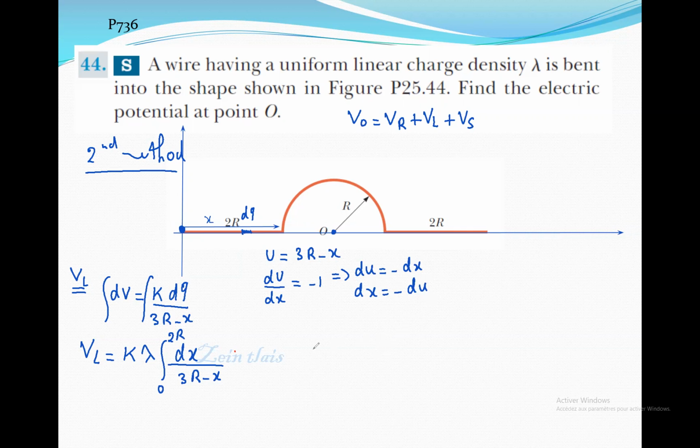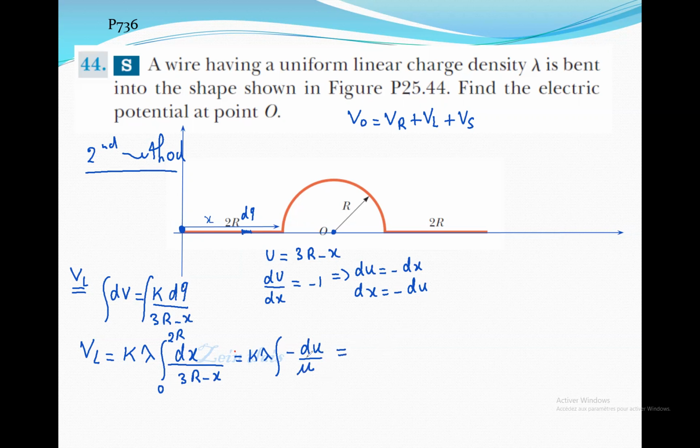So here we have k lambda, and we have to change the limit. dx equals minus du divided by u.